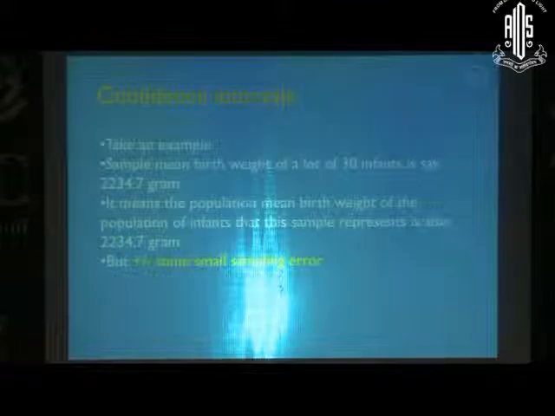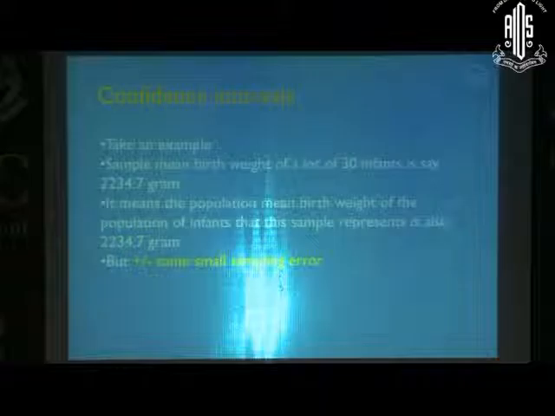But because you cannot do that, for simplicity, from the larger population you take a smaller sample. So you take random babies from all nurseries all over Delhi. Let's say you have taken 30 babies and then take their mean, and that mean comes out to be 2234. So you say, because I have taken this sample from the nurseries in Delhi, my interpretation is that the mean weight of the infants in the nurseries in Delhi is 2234.